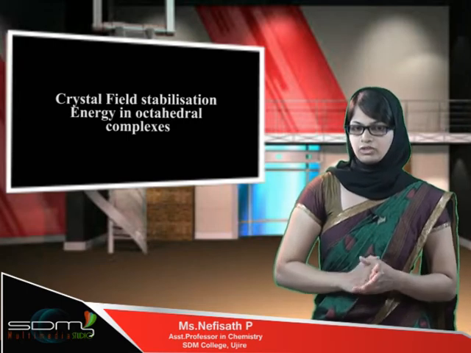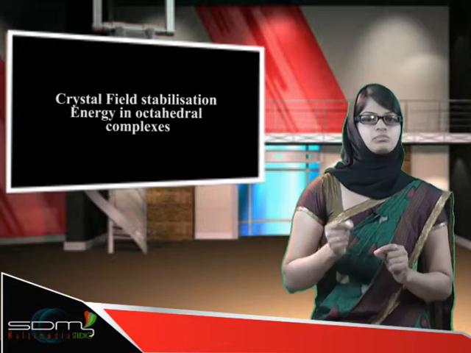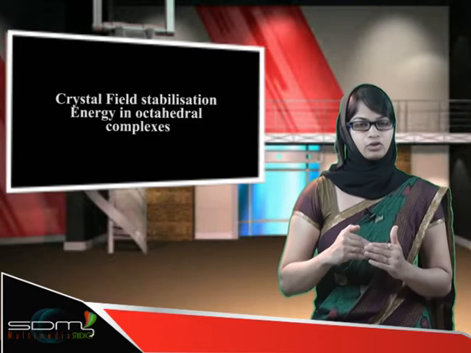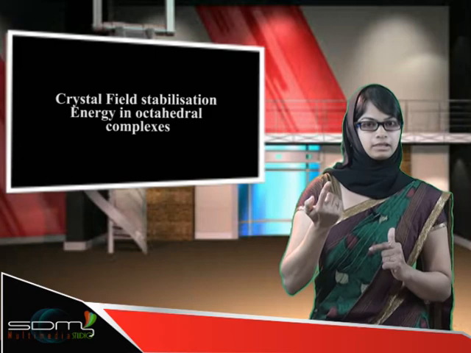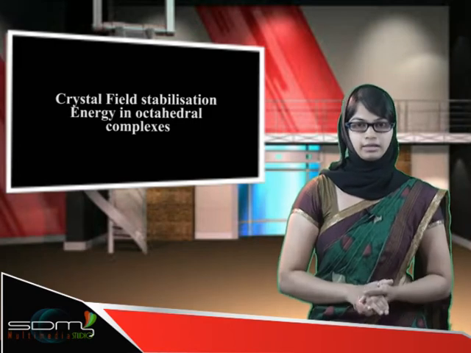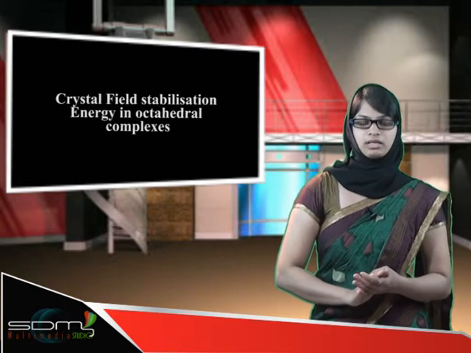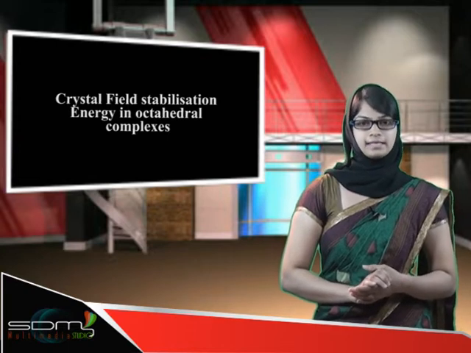I want to remind you that if an electron in an octahedral complex is moving to t2g, then that electron is stabilizing the complex. If the electron is moving to the eg orbital, which is of higher energy, it destabilizes the octahedral complex. The stabilization and destabilization are given by the crystal field stabilization energy, abbreviated as CFSE.